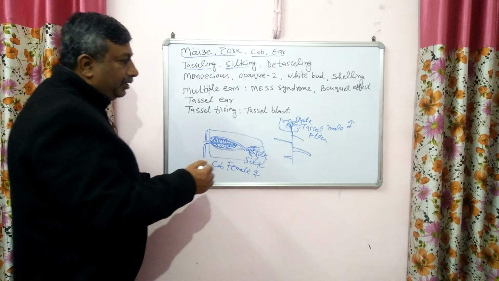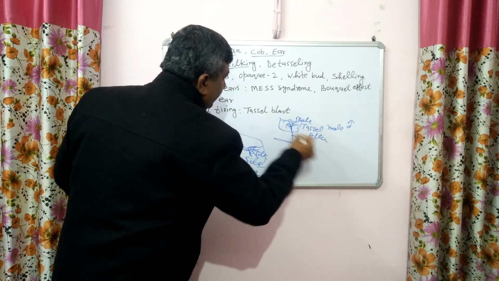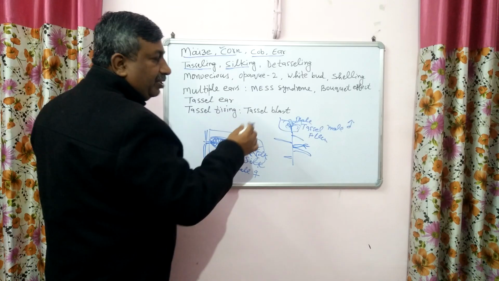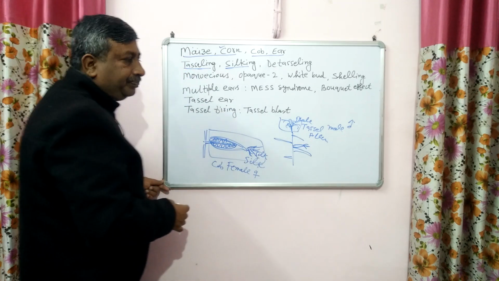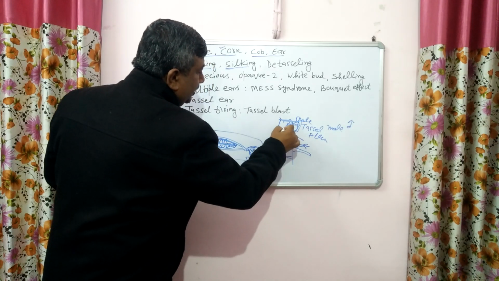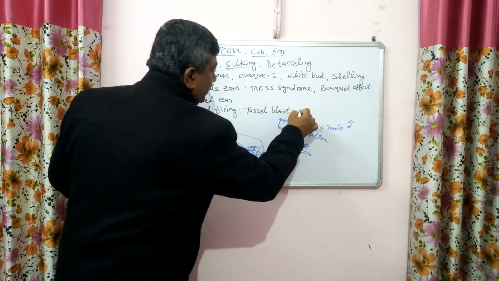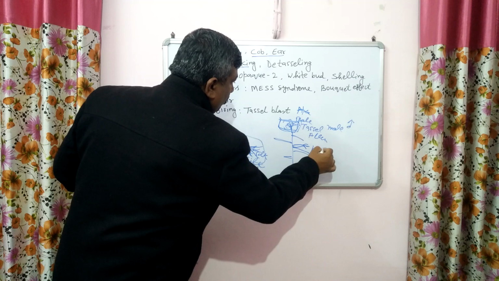So in the maize plant, the silk and cob emerge from the node. First the tassel emerges, the male part comes first, and after that the female part comes. The male part is at the apex, at the top of the plant, and the female is on the node.